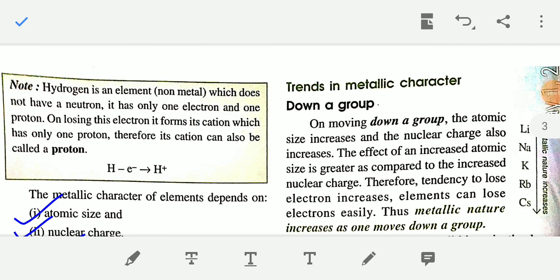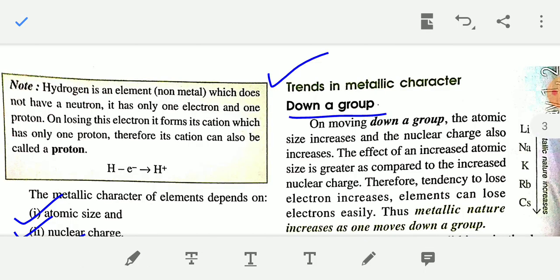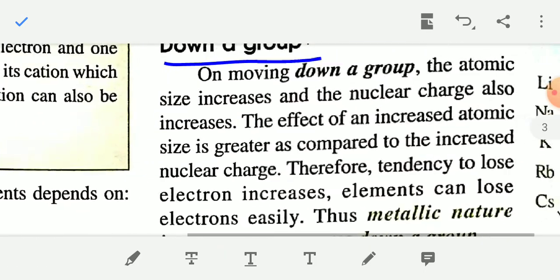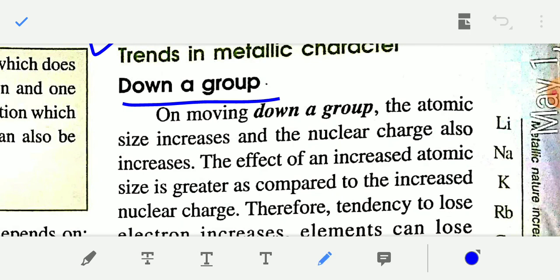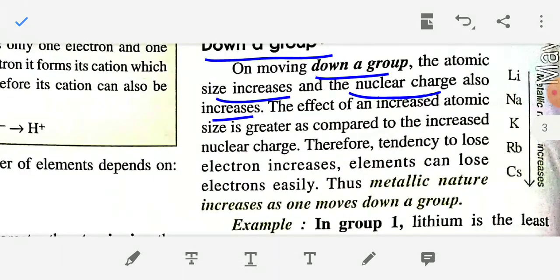Now see the trends in metallic character, that is, the variation in metallic character is predictable. So first, down a group. On moving down a group, the atomic size increases, and hence nuclear charge also increases, but the effect of the increased atomic size is greater compared to the increased nuclear charge.